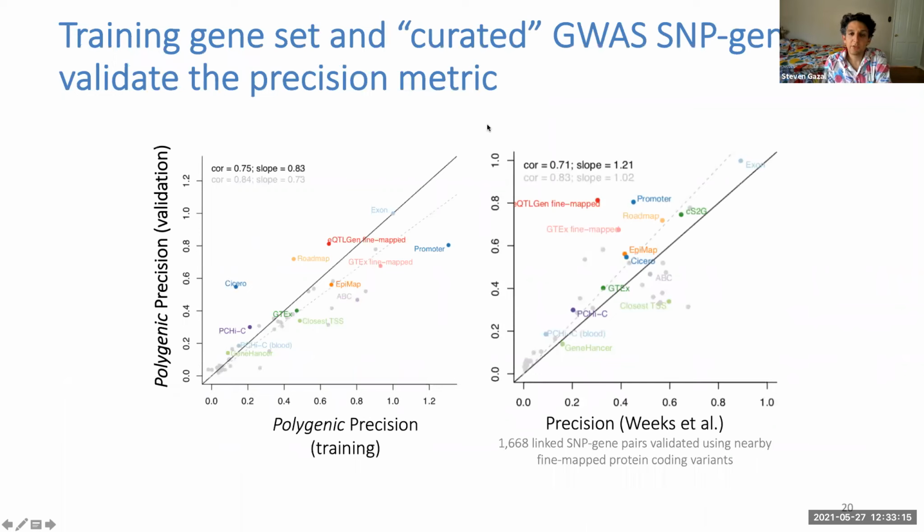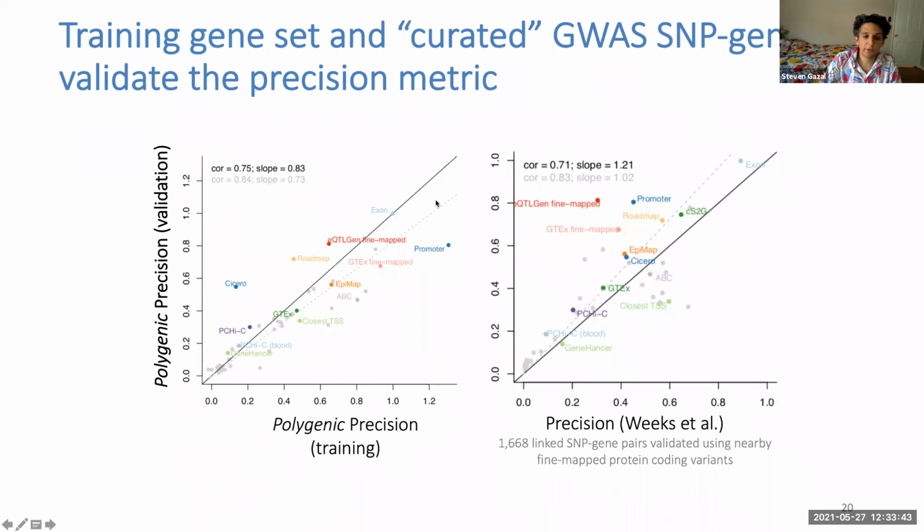Okay, so I will finish this part by validating our precision metric by comparing it to two different precision estimates. On the first graph, I compare the precision estimated using my validation critical gene sets to the one estimated using my training critical gene sets.